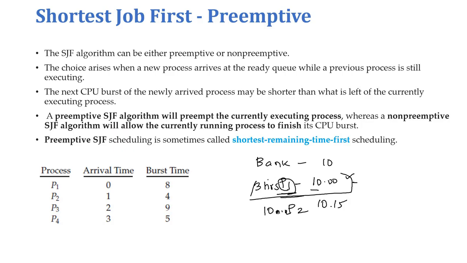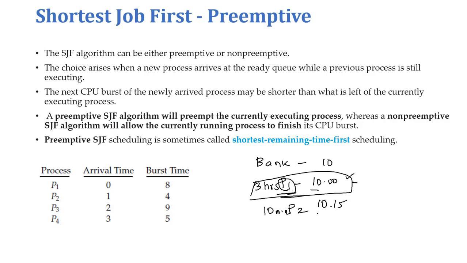I am going to give service to person 2, then I will come back." This is the way the shortest job first preemptive algorithm works.